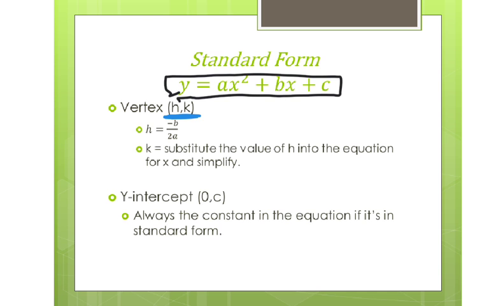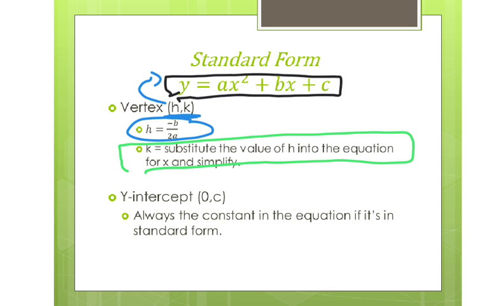But this equation is not in vertex form. So we're going to have to use this formula, h equals negative b divided by 2a. That's going to give us our first number for our vertex. Then once we find that h, we're going to substitute that h back into our equation to find our k.